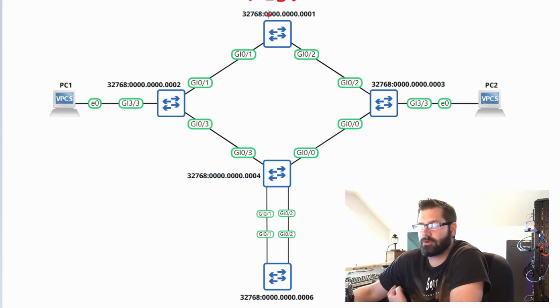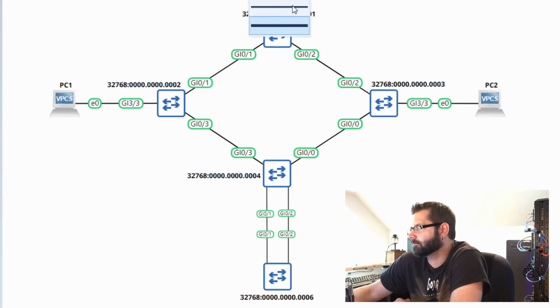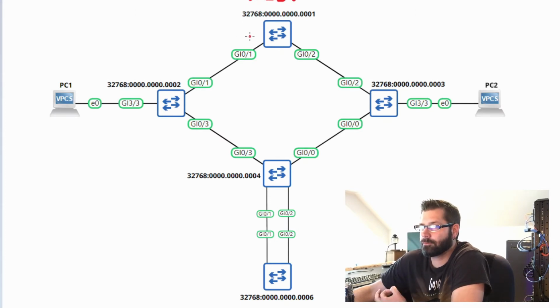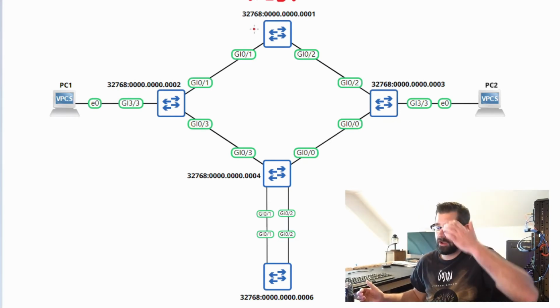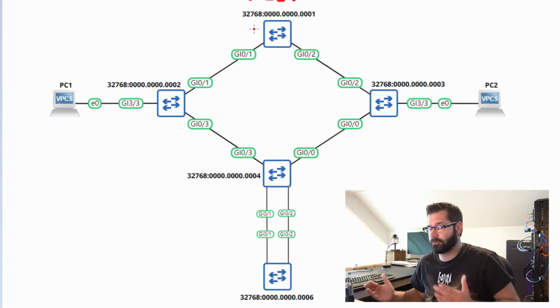Now, once the root bridge is selected, these ports right here automatically become not root ports. The root ports would be on the switches on the upstream interfaces pointing towards the root bridge.